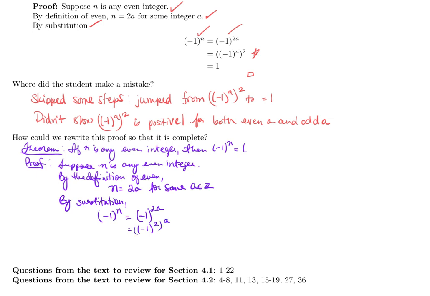Do it 2 and then a, because (-1) squared is always 1, and 1 to any power is 1. And in this case, this is a computational one, so we don't have anything else to write. So we are done.